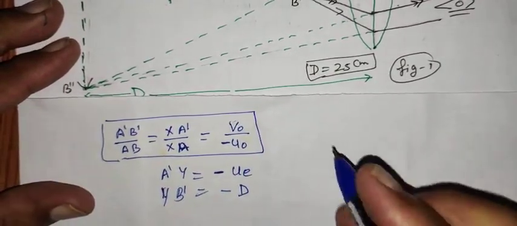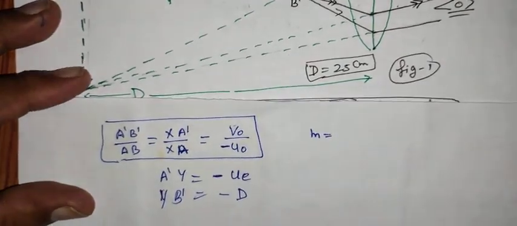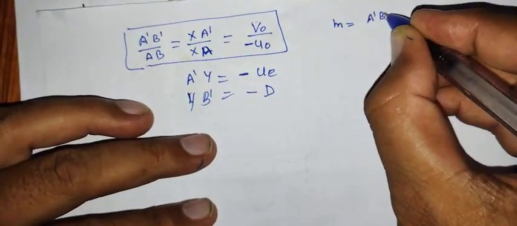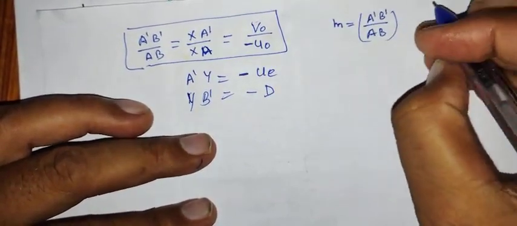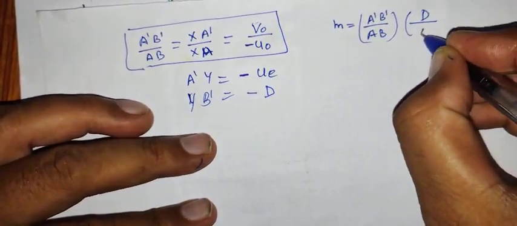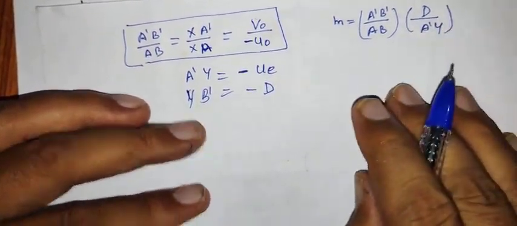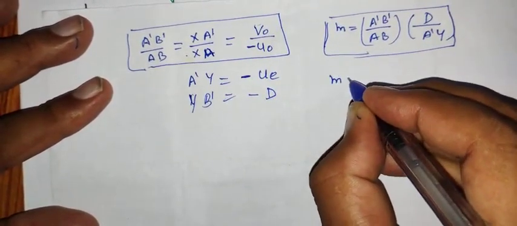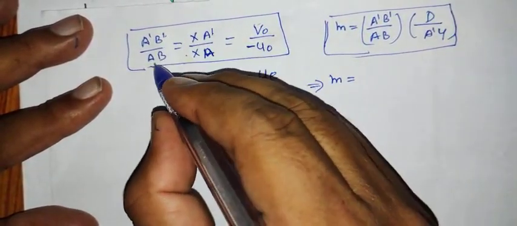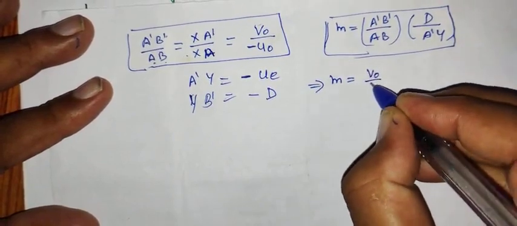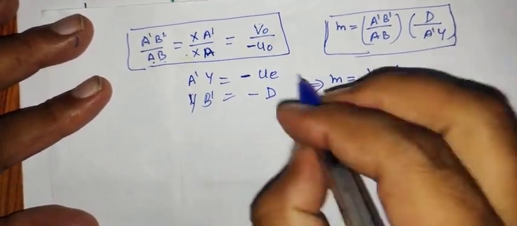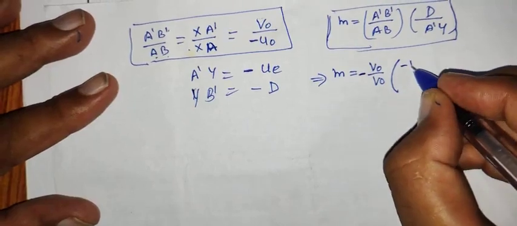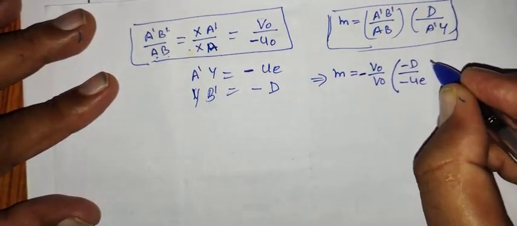So putting this value in the magnification formula, equation number 4, M is equal to A dash B dash by AB in one bracket, and in the second bracket D by A dash Y. This implies that M is equal to A dash B dash by AB, which is V naught by U naught, with a negative sign, and D is negative here, so we take D negative, and A dash Y is minus UE.